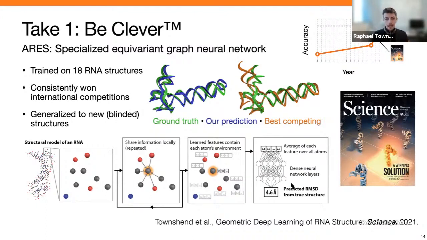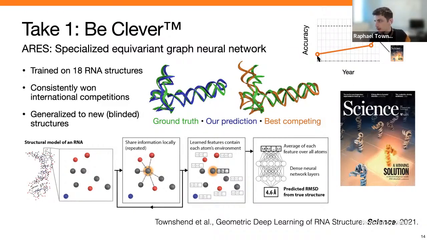And what you can find is that if you do the right data augmentation and the right model construction, you can actually do quite well. In fact, this let us consistently win international blind competitions with this method, and led to our work being featured on the cover of Science. Now, this is all well and good, but there's a limit as to how well you can do.